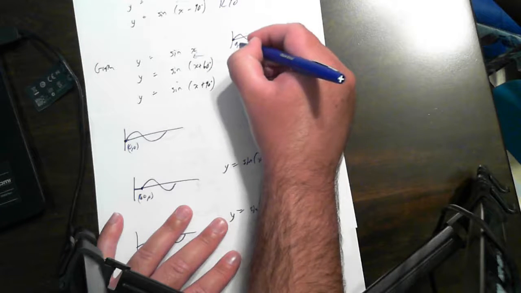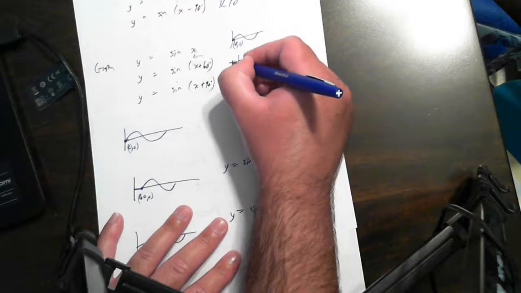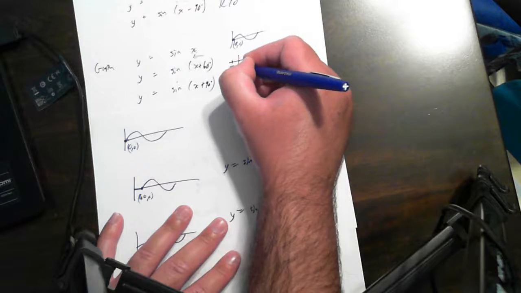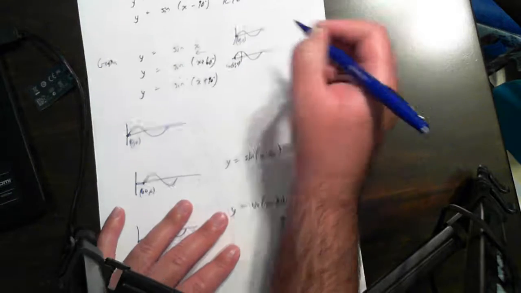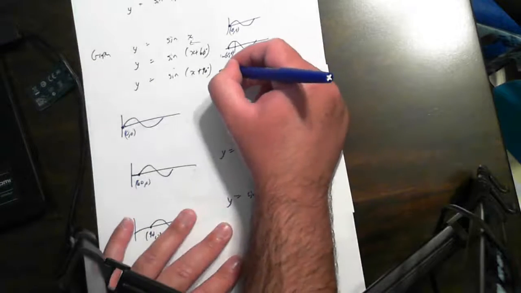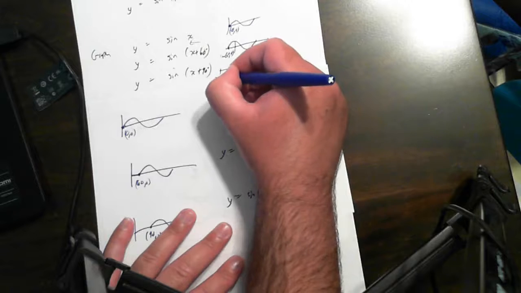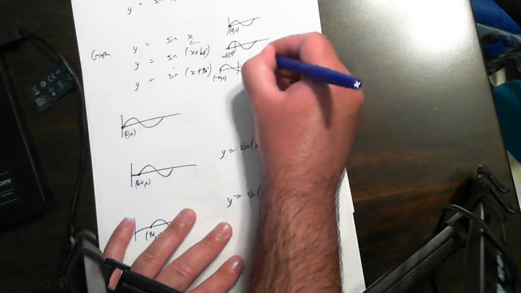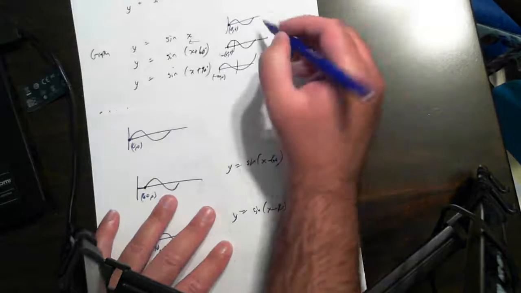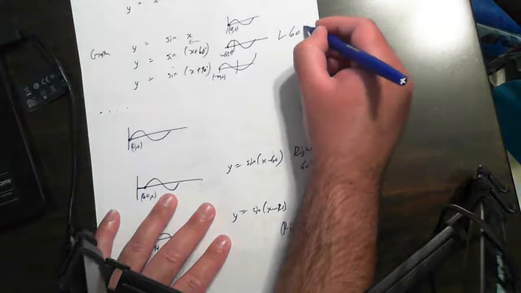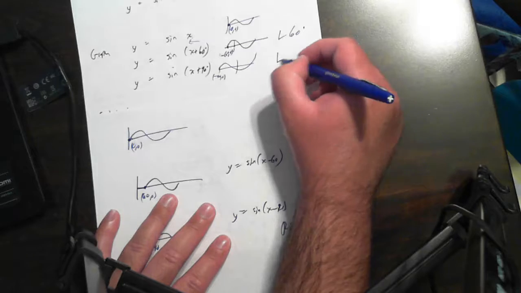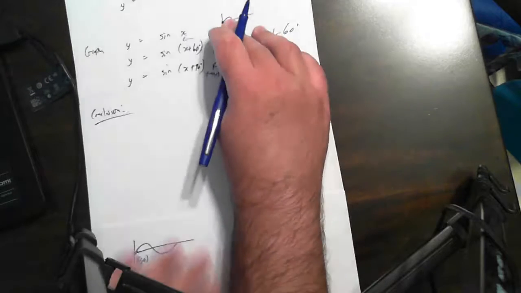So this point that's at 0, 0 actually ends up right here at, I guess, negative 60, 0. Okay? And this one here actually ends up at negative 90, 0. Okay? So what you notice here is that this x plus 60 shifts left 60 degrees. X plus 90 here shifts left 90 degrees.